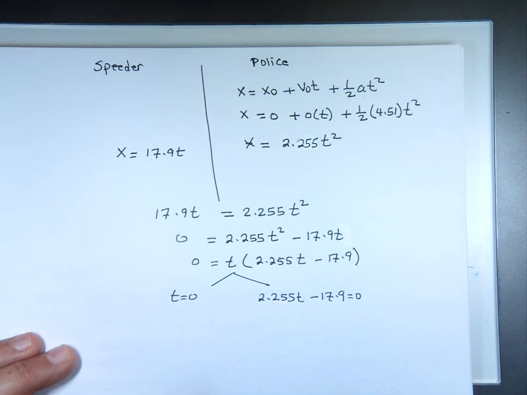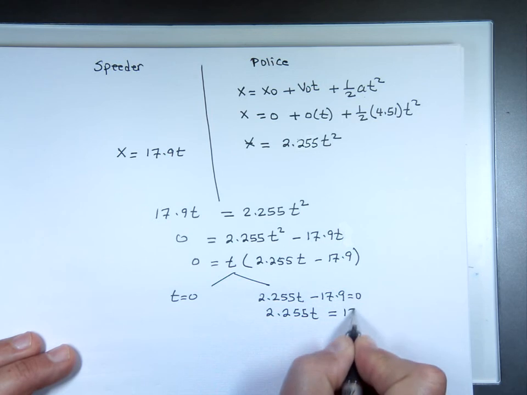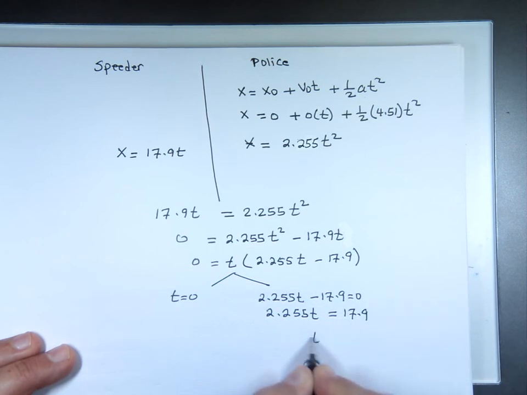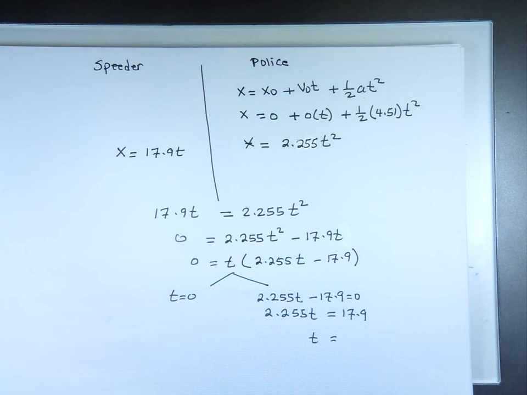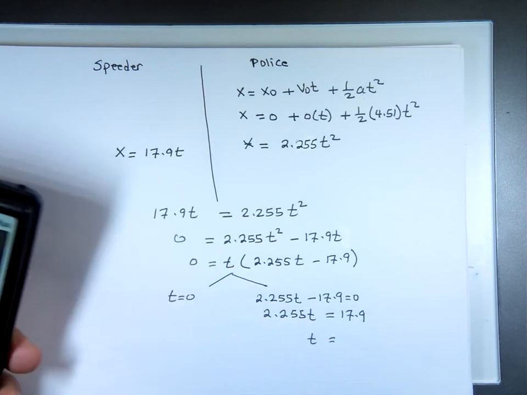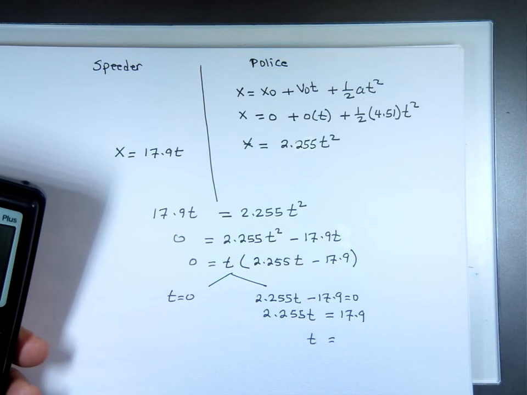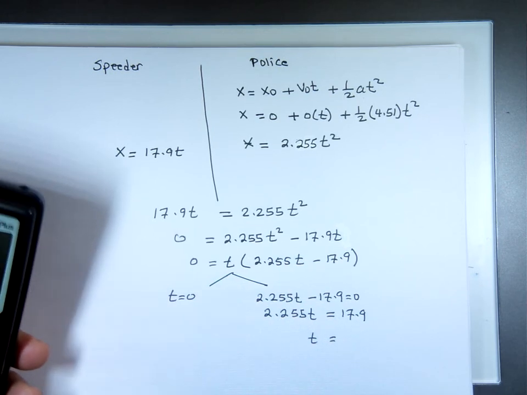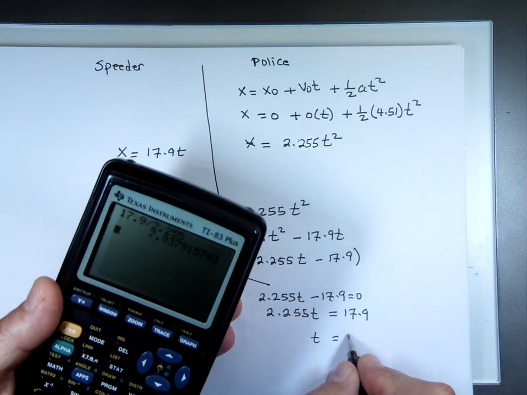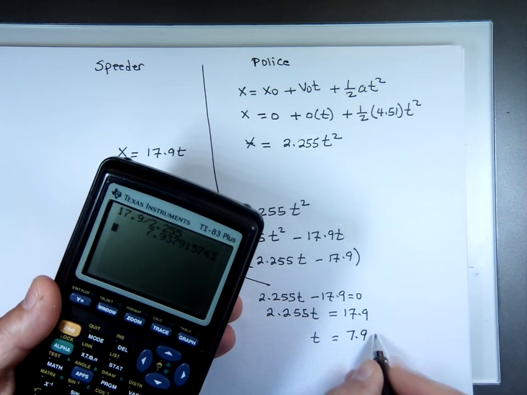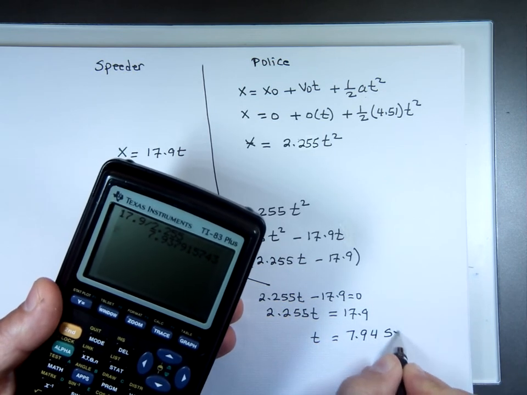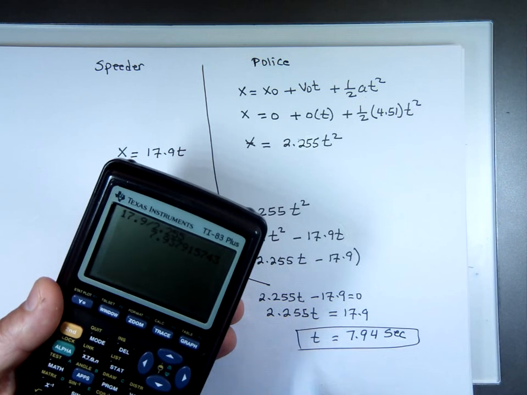Or 2.255 t is equal to 17.9, t will have to be what? What is 17.9 divided by 2.255? It took them 7.94 seconds for the police to catch up to the speeder. Almost 8 seconds.